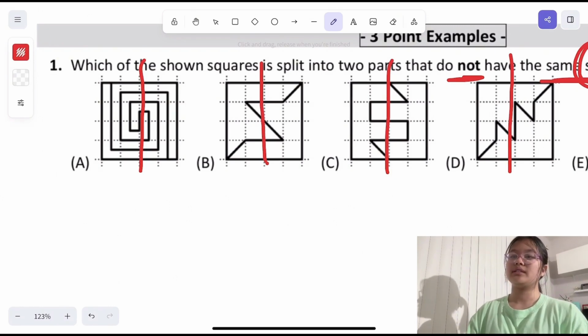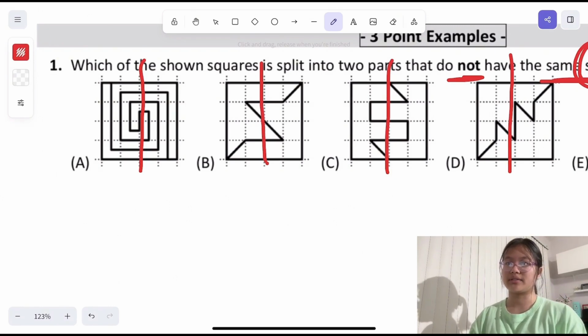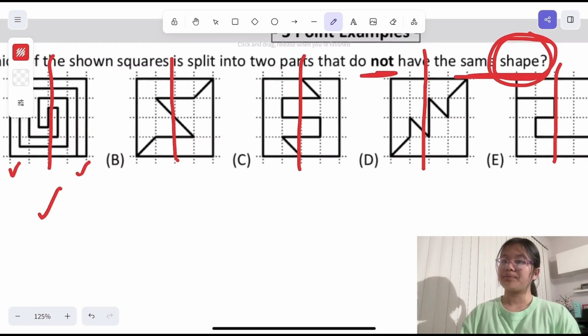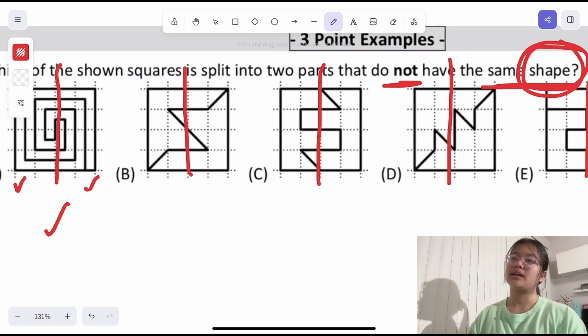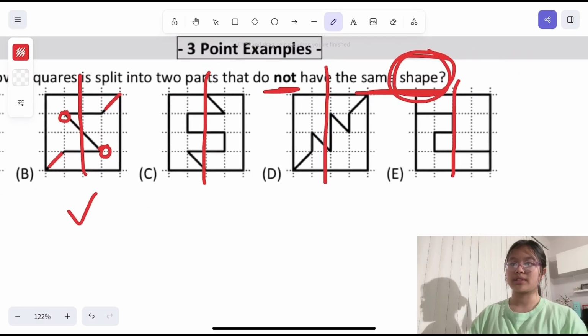A does have the same shape because there are rectangles on both sides that look the same. So A is good. Now B, it has a triangle there, so it is able to work, and there are also lines on both sides, so it works.